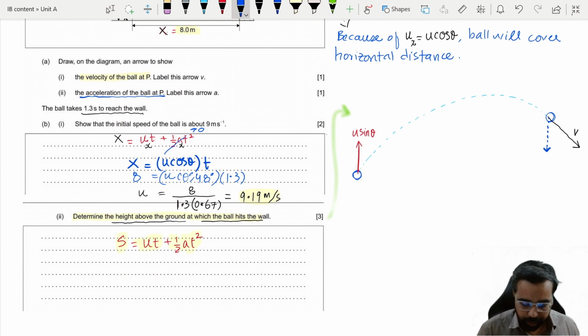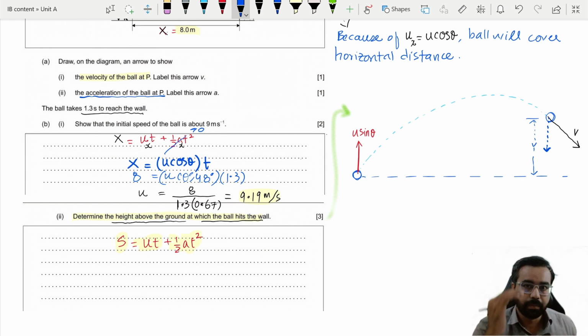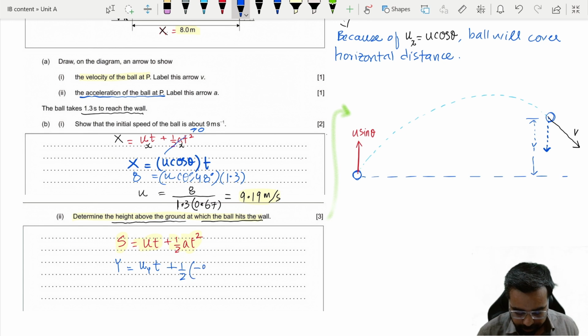So let's put in the values. First of all, I will find out this height, which I call y, right? So this is the positive displacement because it's upward. So positive y equals the initial y component of velocity times t plus 1 over 2 into negative g t squared.